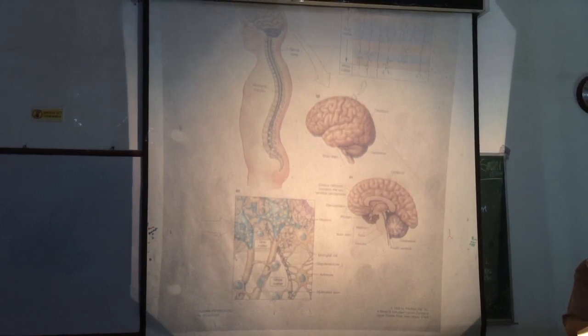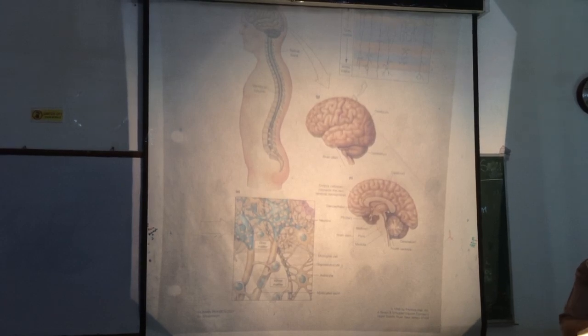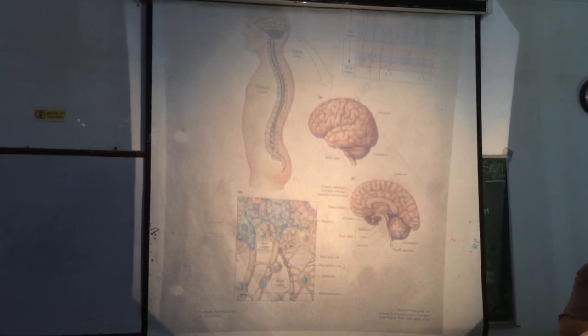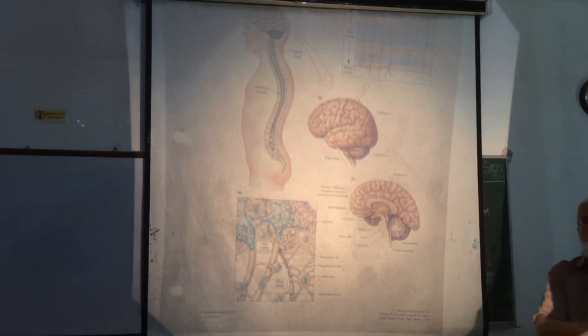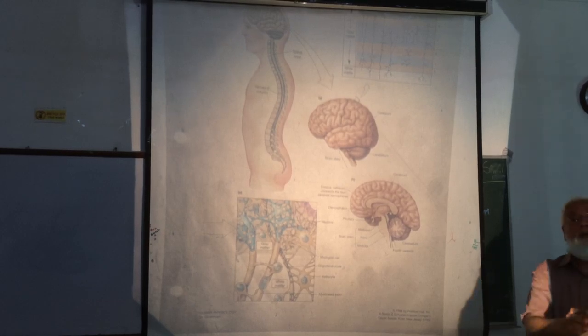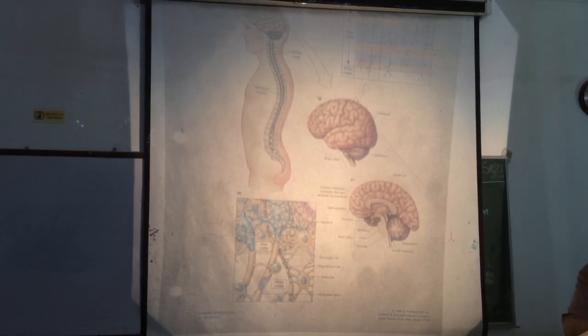And then in the midbrain, which cranial nerve nuclei are present? 3rd and 4th, oculomotor and trochlear. Their nuclei are present in the midbrain.